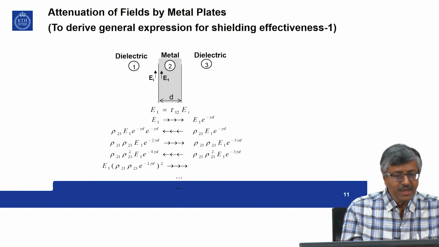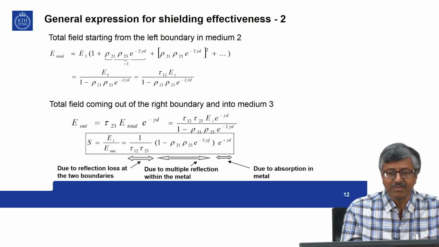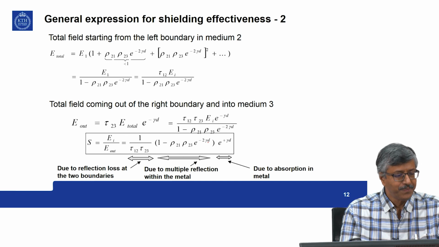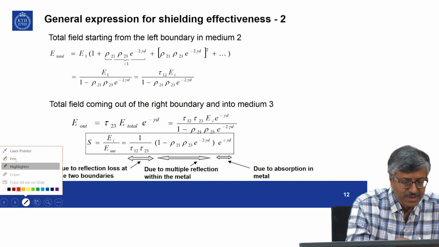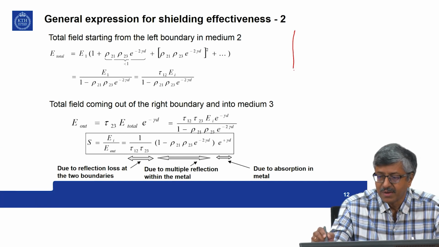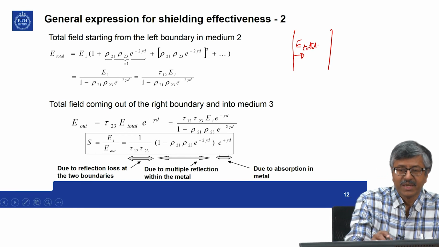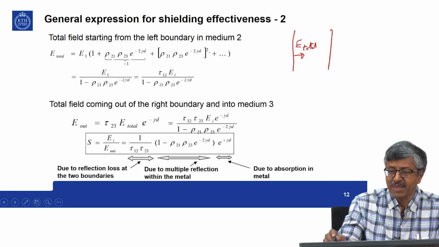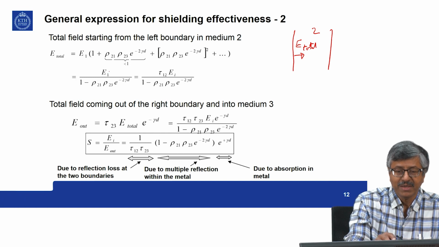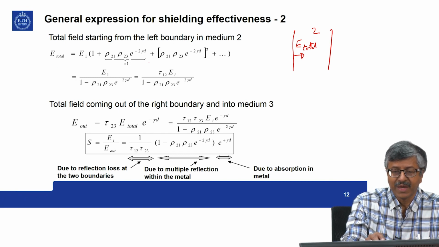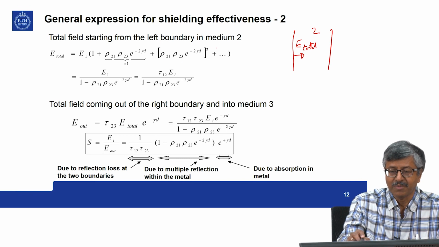Then the total field E total, starting from the left boundary in medium 2, can be written as E1 and this value, squared, plus, and so on.